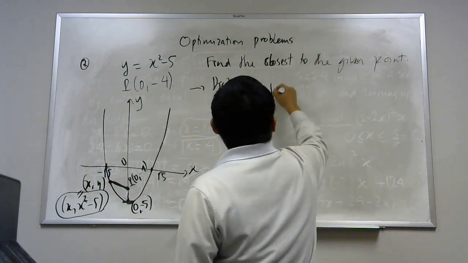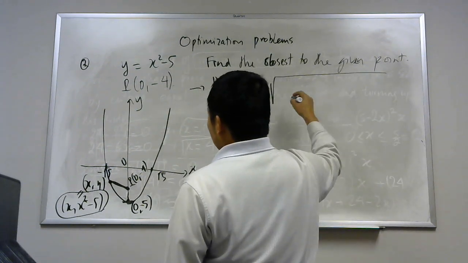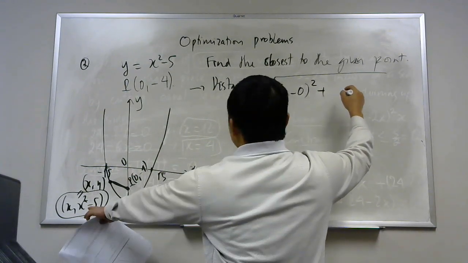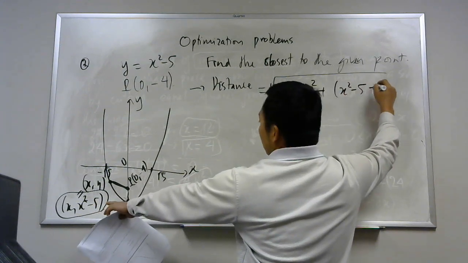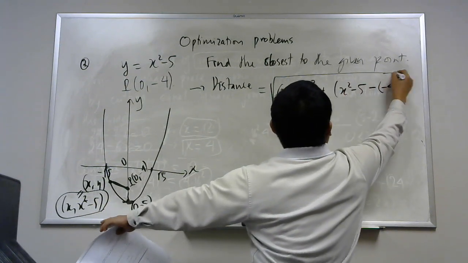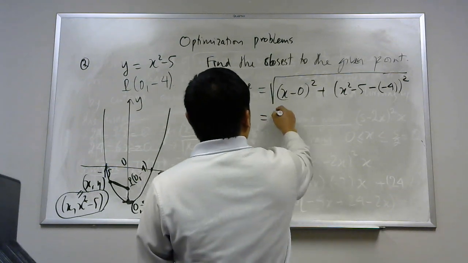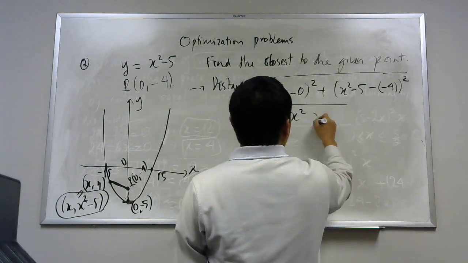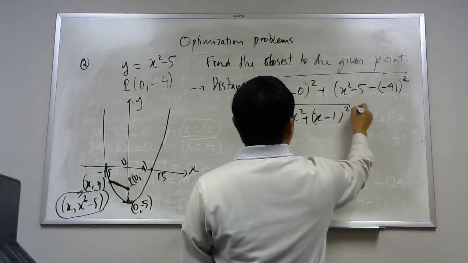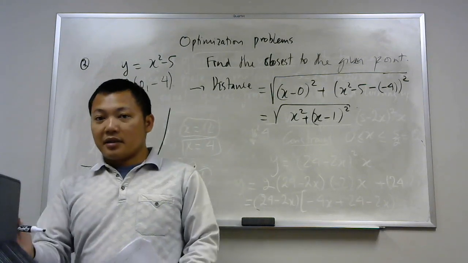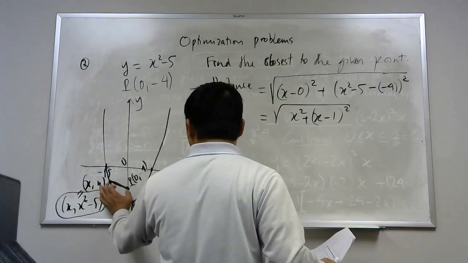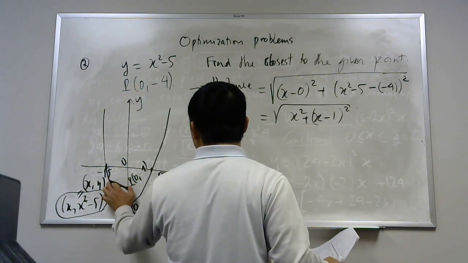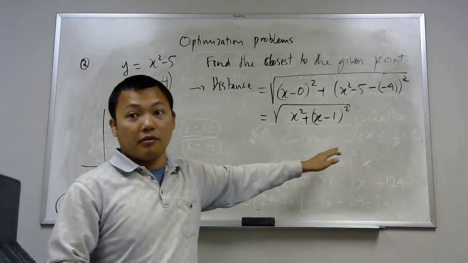We have square root of x minus 0 squared plus x squared minus 5 minus (-4) squared. So basically that is square root of x squared plus (x squared minus 1) squared. So we have a distance function between the given point and an arbitrary point in here. Again, if we need to find the closest one, we need to minimize this function.